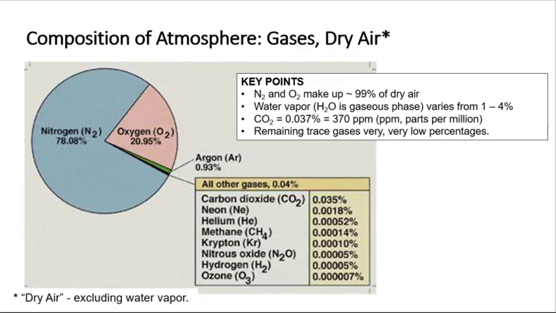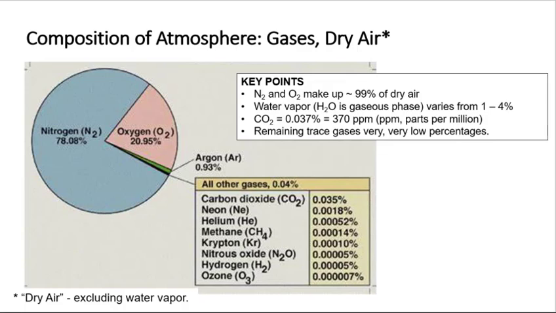Carbon dioxide at 0.037%, which we can conveniently express as 370 parts per million by multiplying the percent composition by 10,000, is shown there as the third bullet. In fact, CO2 concentrations currently are higher than this, around 410 parts per million.